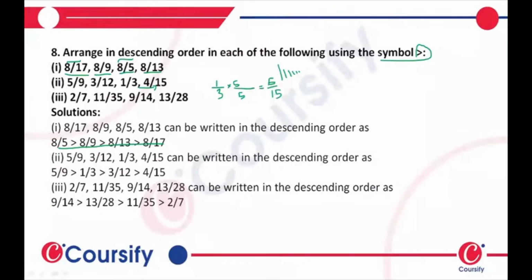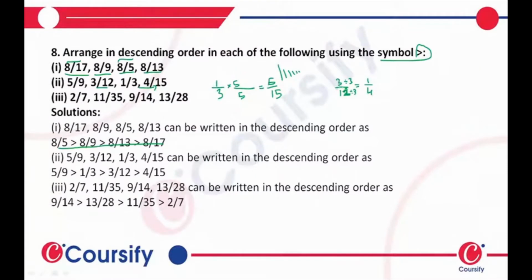Now what about 3 by 12? How can it be written in terms of 15? It cannot be written in terms of 15, although let's see what we can do. 3 by 12 can be written as 1 by 4, divided by 3 divided by 3.